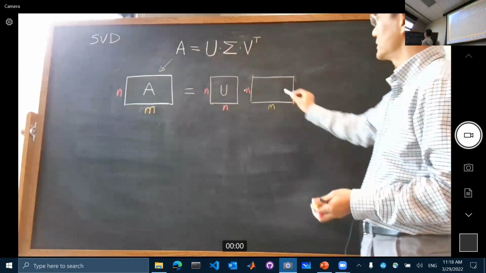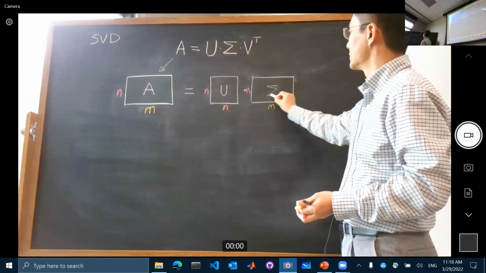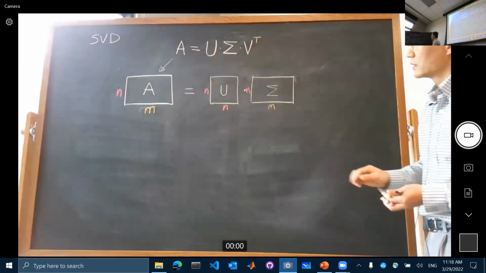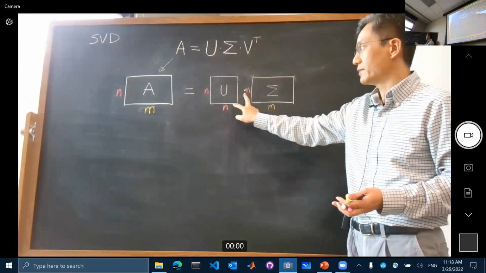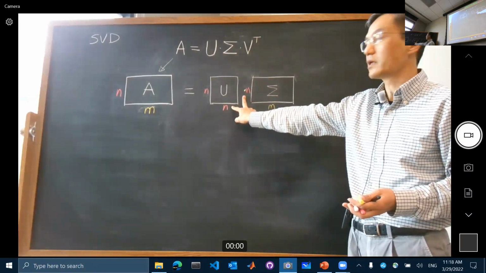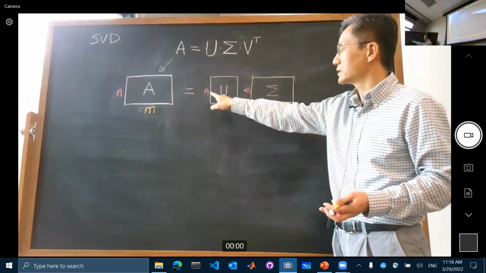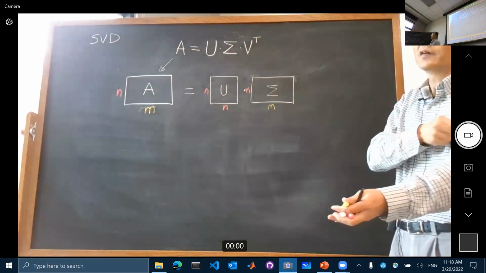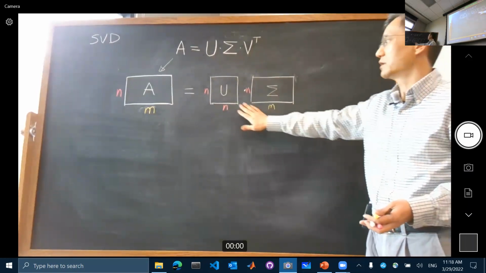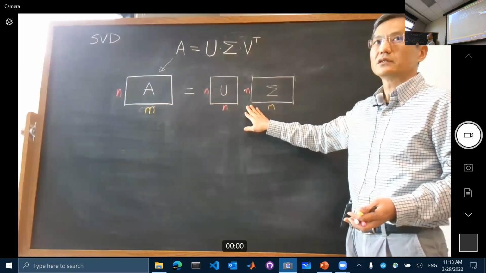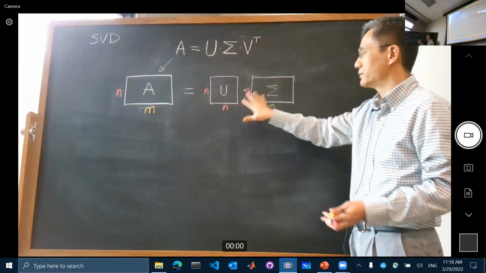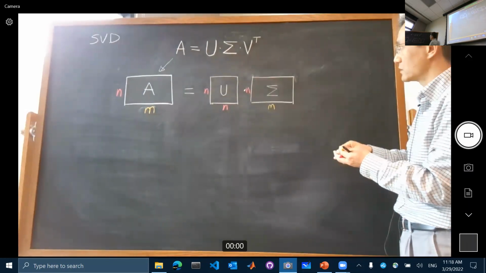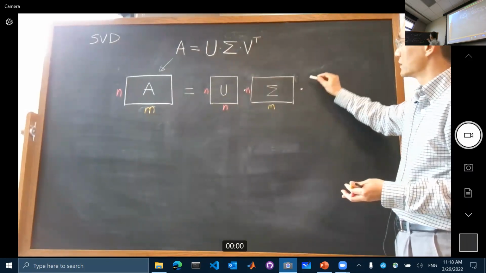So that's my sigma. You can do this multiplication, right? Because the inner n is the same. At the end, you get a matrix of n by m. So the last matrix has to be m by n.